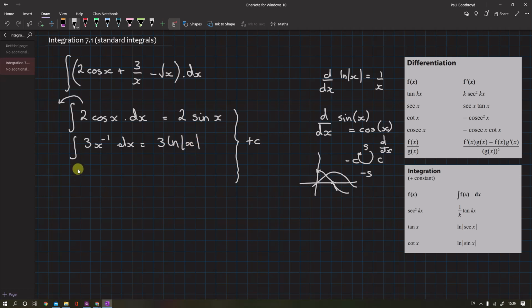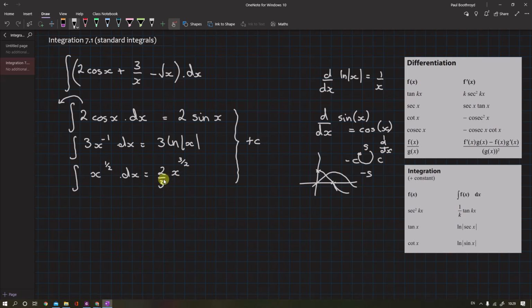And integrating my x to the half is going to give me x to the 3 over 2. And of course, when we integrate with a power, we divide by the new power, for a polynomial.